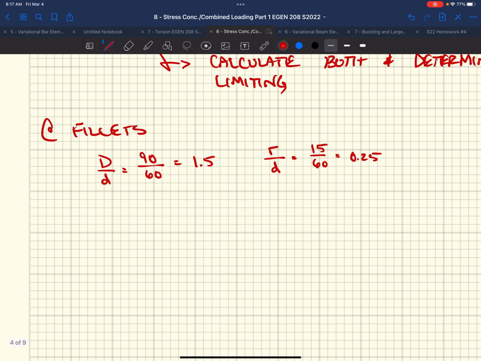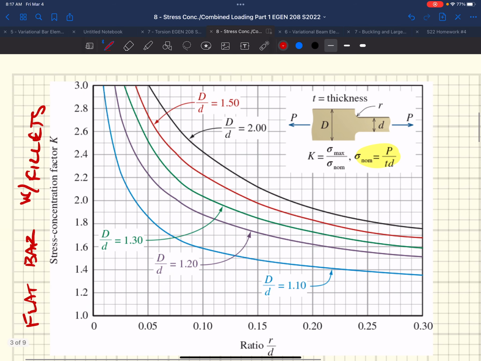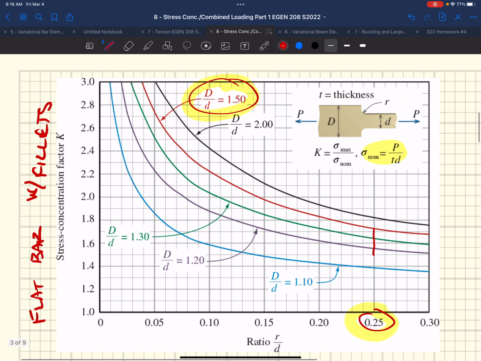So we have 0.25 and 1.5. If we come back up here, we start at 0.25, way over here, and we want to use the 1.5 curve. We just start here and run up to our red curve.